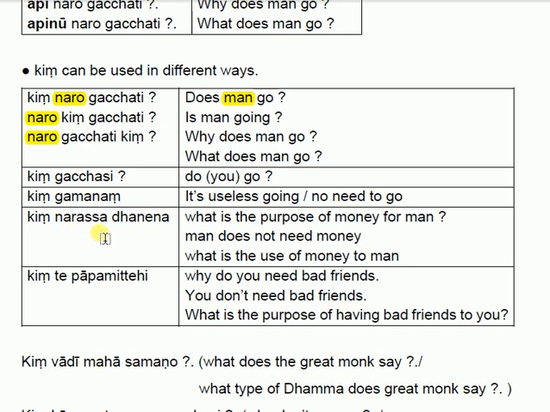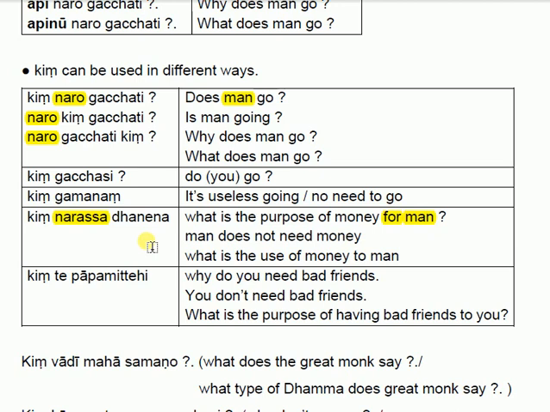And here kim narassa dhanena. Naro means man. So narassa is in the dative case, meaning for man. Dhanena is in the instrumental case. Dhanam means money or wealth, you know.